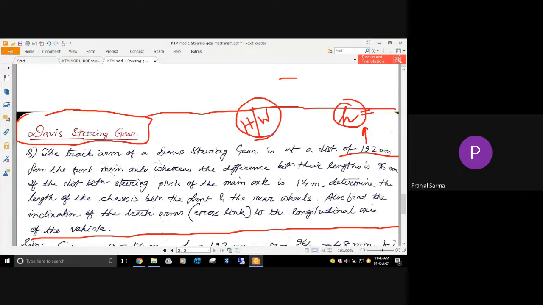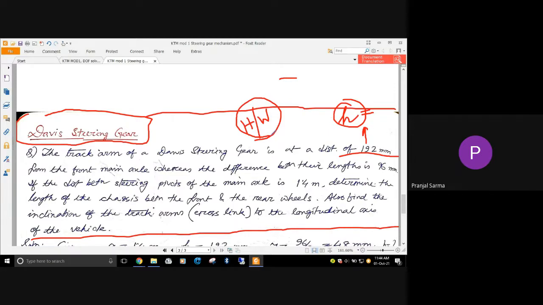The track arm of a Davis steering gear is at a distance of 192 millimeter from the front main axle, whereas the difference between their lengths is 96 millimeter. If the distance between steering pivots of the main axle is 1.4 meter, find out the length of the chassis between the front and the rear wheels.